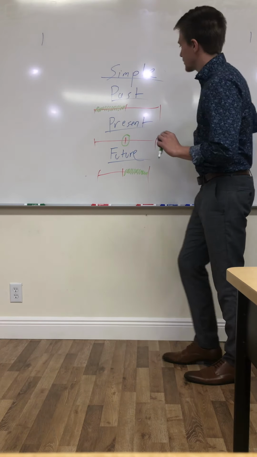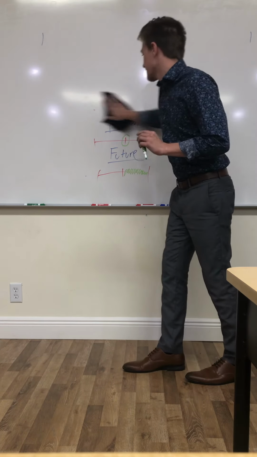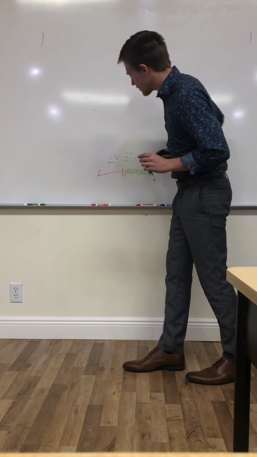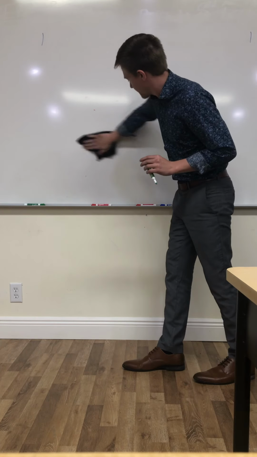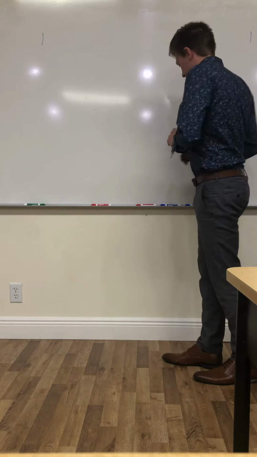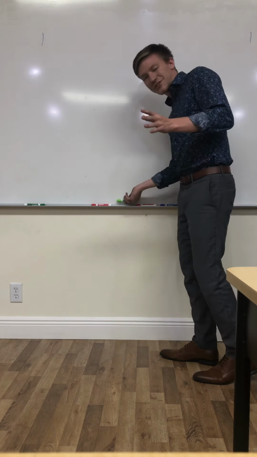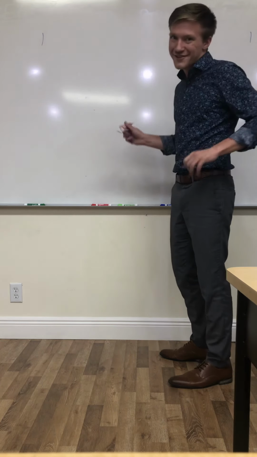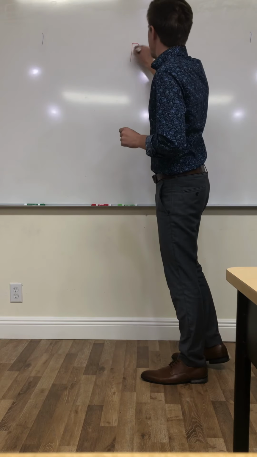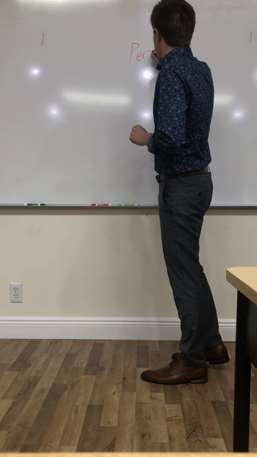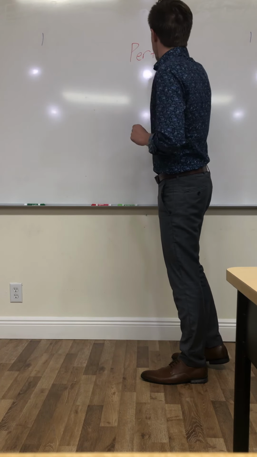Now, we aren't just studying the simple tenses. We also study the perfect tenses. Now, I know what you're thinking. Those aren't just thinking that they're better than everybody else, even though they are perfect.